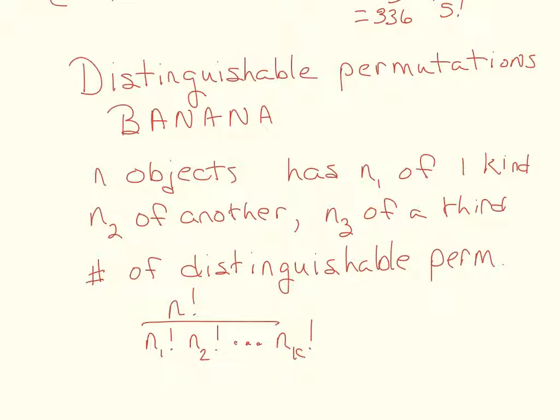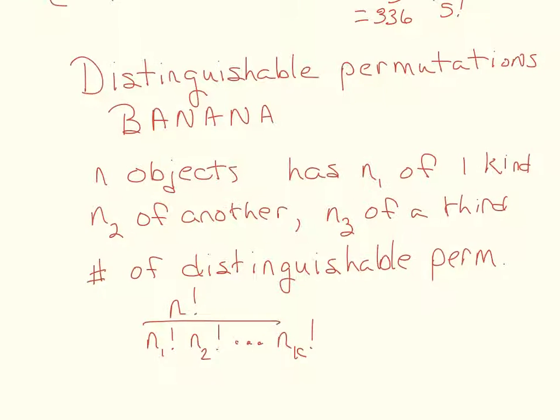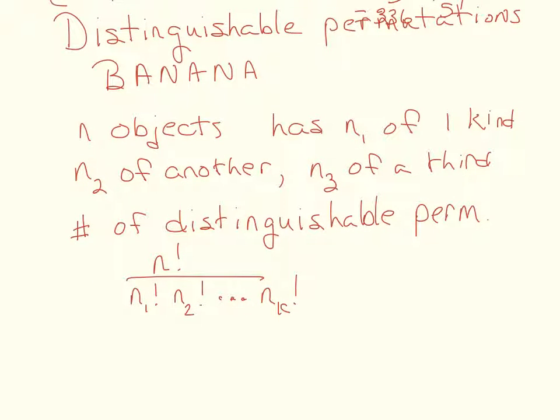So let's go back and think about our letters banana. We said that we have 6 letters, so if we use this formula, we'd have 6 factorial on top. We have 3 A's, so we could do 3 factorial. We have 2 N's, and we have 1 B. The order that we list them here does not matter. But let's see what happens if we work this out.